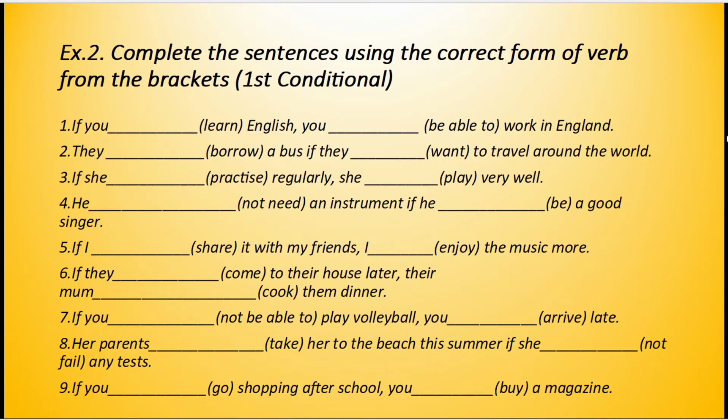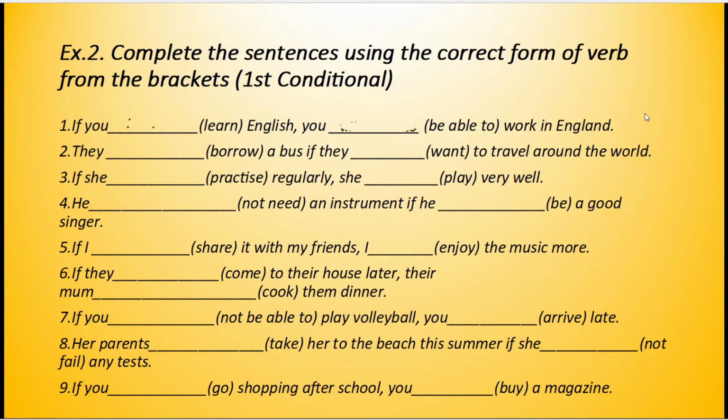So, exercise 2. Complete the sentences using the correct form of the verb from the brackets. And we'll use the first conditional form here. So, the verb in the brackets. If you blank English, you blank work in England.